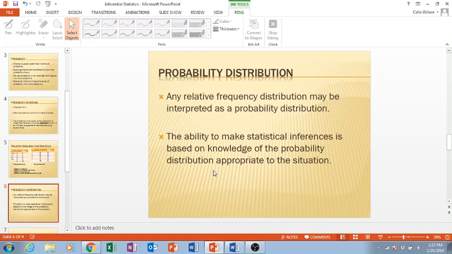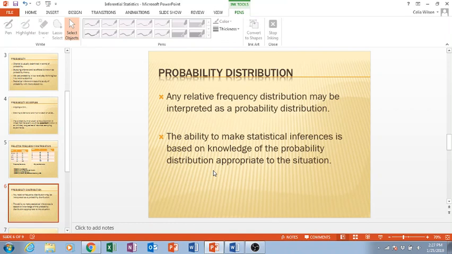Except instead of talking about what percent or what proportion of students I scored better than, or what percent of scores are below an 80, our value is going to be maybe an obtained mean from our sample.